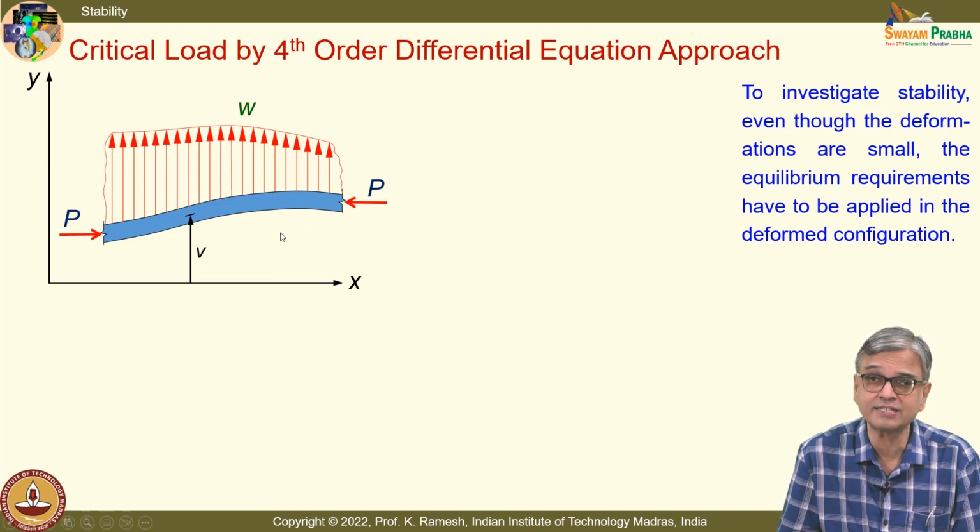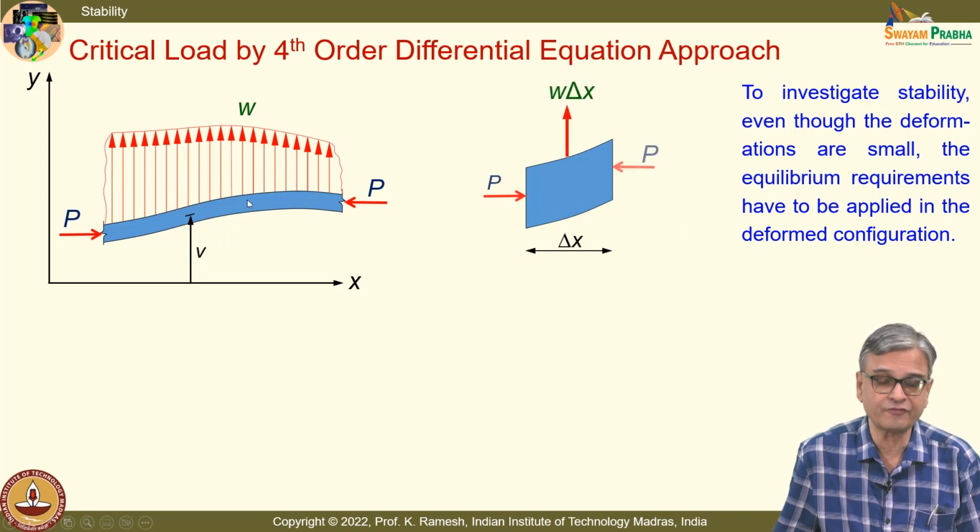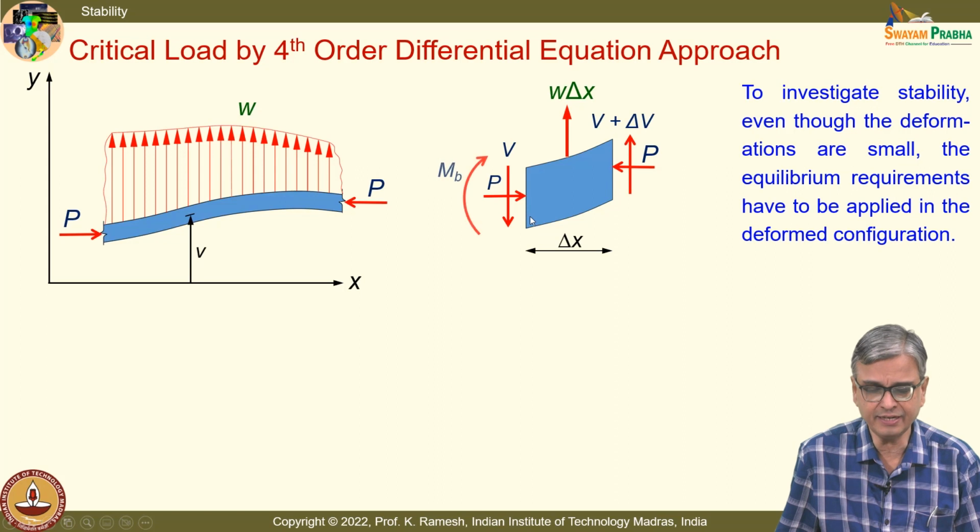Go back to your notes and see. The difference is that we consciously make our goal to investigate stability. Since I have to investigate stability, I take a small element out of it. So, we consciously make a decision to analyze it in the deformed configuration, and I have the deformed shape taken.